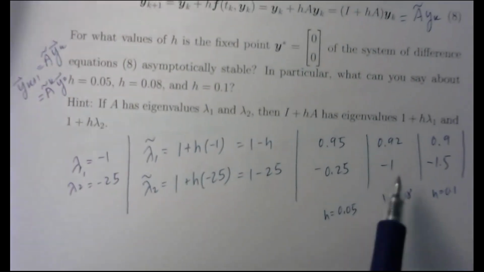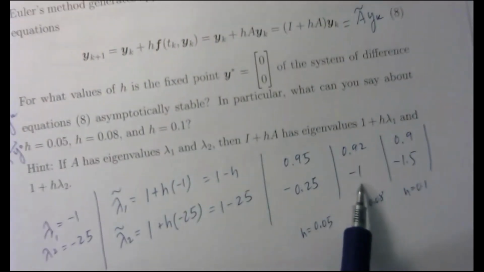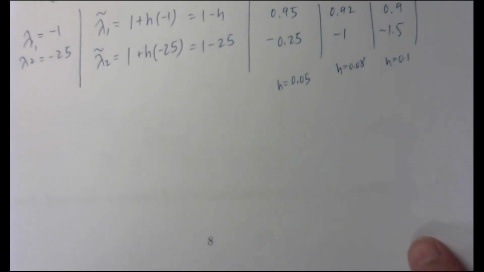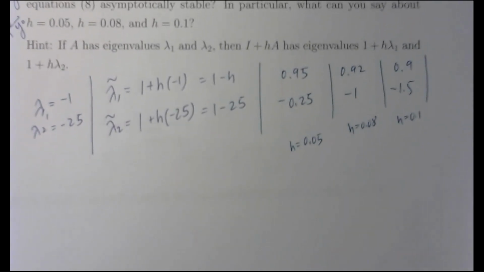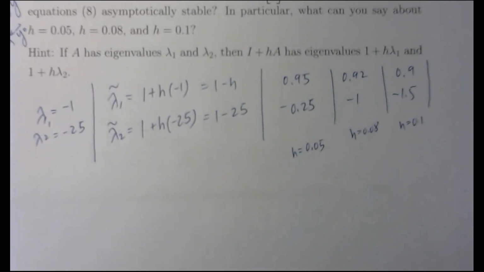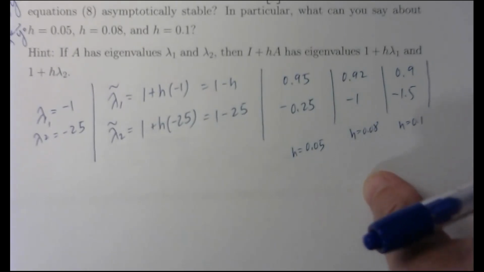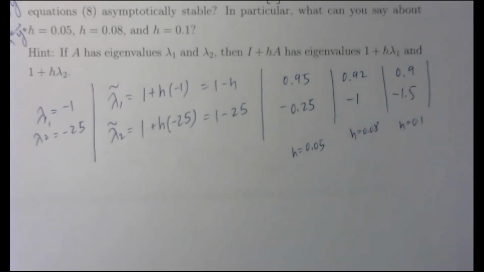That makes sense, hopefully, with the plots that we've seen so far. And so what that tells us is that forward Euler is not going to converge for every value of h. So we have to be careful with the h's we choose.